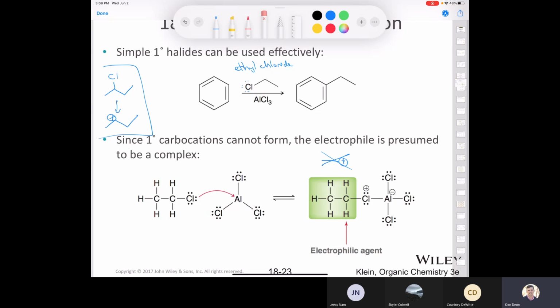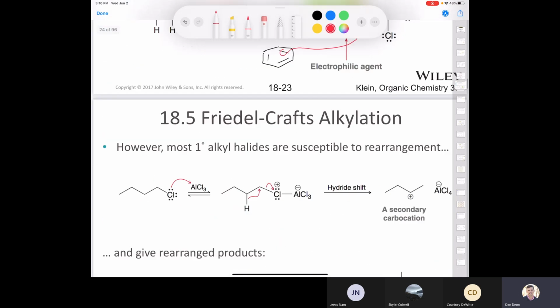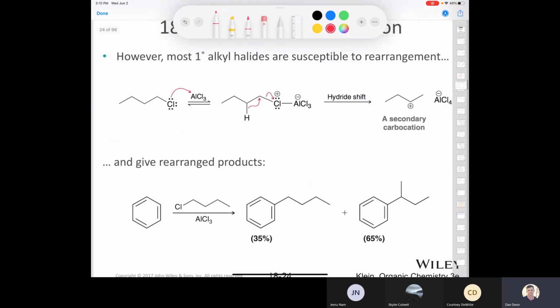So the nuance is, if you're using ethyl chloride, or ethyl bromide would work too, it doesn't break this bond. This whole package here is your electrophile. So for your aromatic ring, the nucleophilic attack would look like this: you'd attack here, and then you'd break this bond simultaneously, like that.